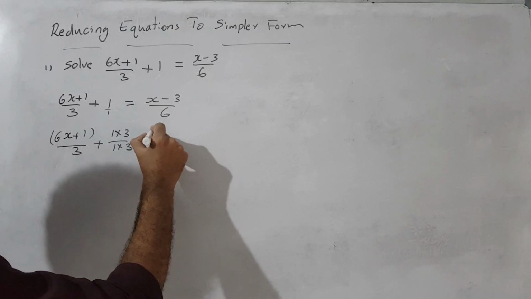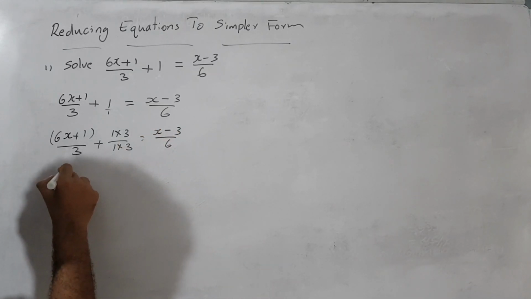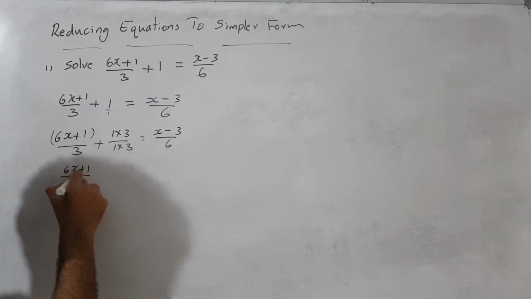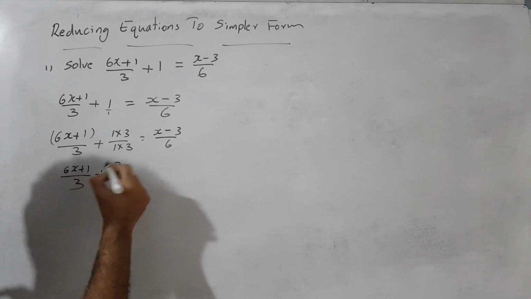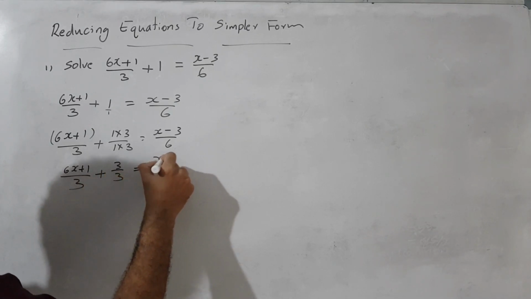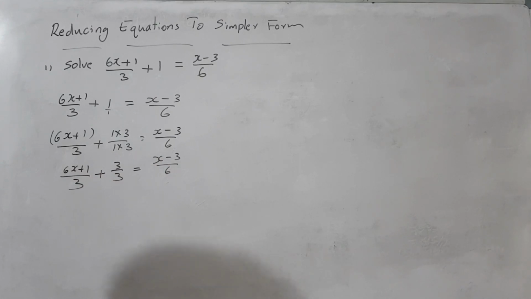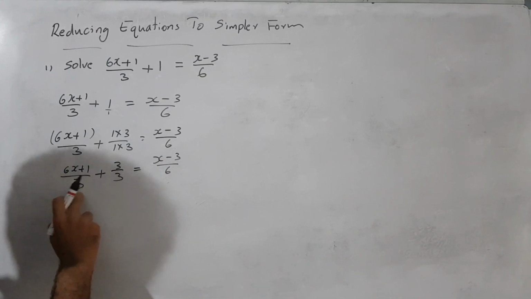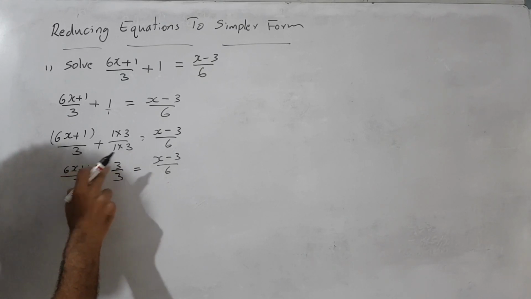Then (6x + 1)/3 + 3/3 = (x - 3)/6. Okay, the next, here now the denominators are equal, so we add the numerators 6x + 1 + 3.